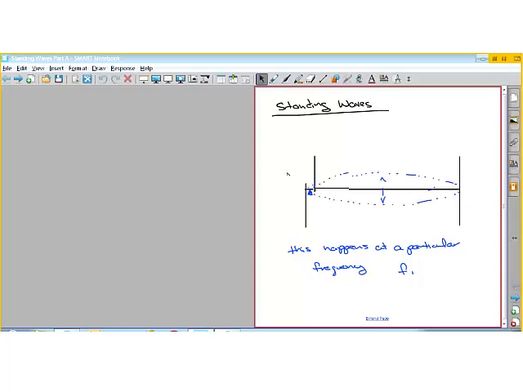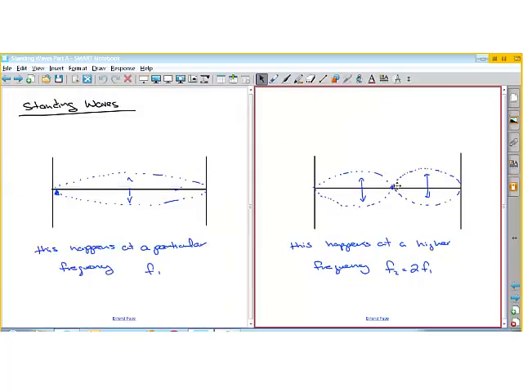But you can also get standing waves to occur at other multiples of the fundamental frequency. The other way is to have the constructive interference occur here, and have destructive interference occur here as well as at the two ends. This would give us what we would call the second harmonic.